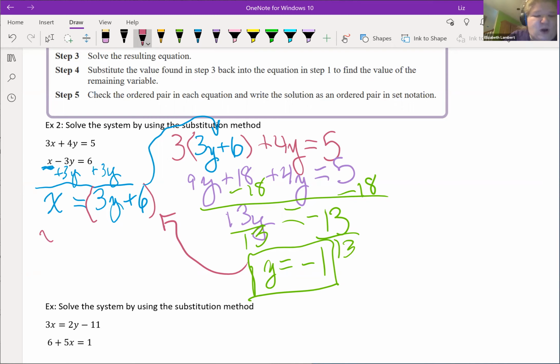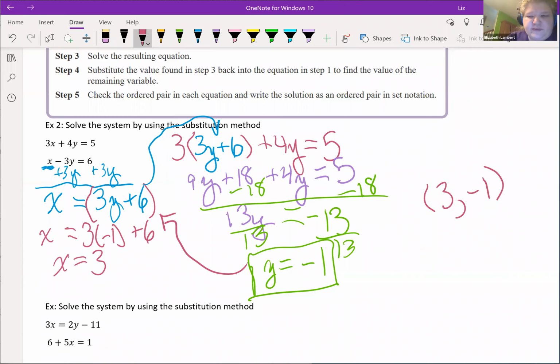So when I plug in the y, I just have to do a calculation. So 3 times -1 is -3, plus 6 is +3. All right. So the ordered pair solution, the xy point, is 3, -1.